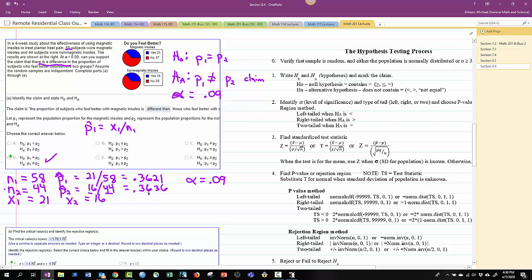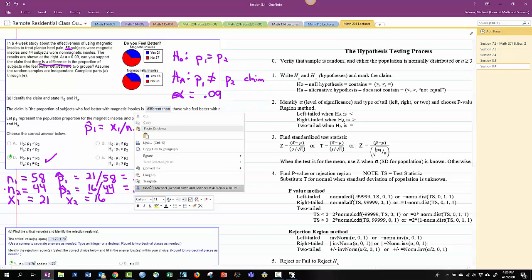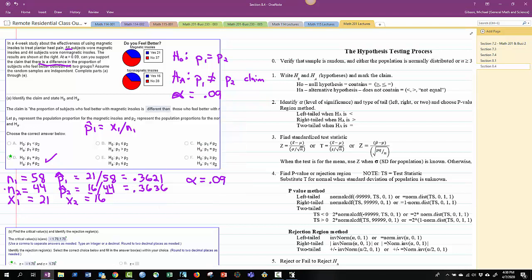Do the division. These are very close to each other. You see that? I'm guessing we're going to support the null here. Those are pretty close. I don't think they're going to end up being different, but let's see how the numbers play out.